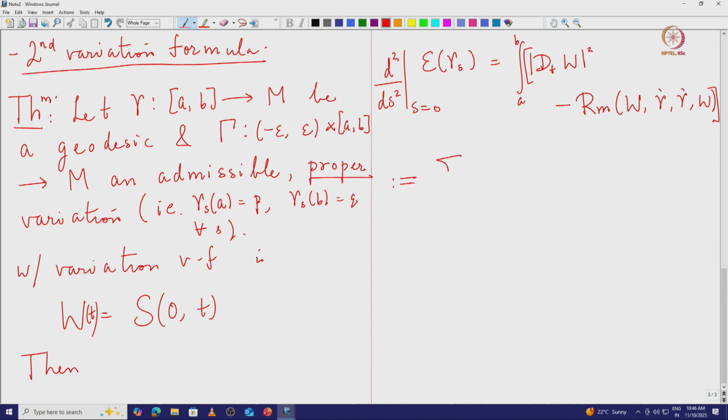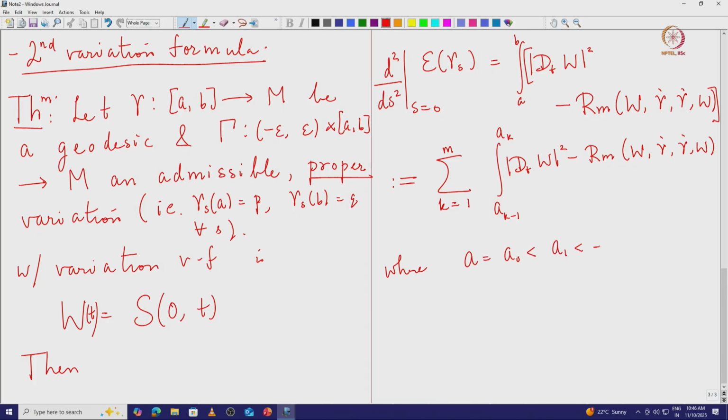So by definition what this really means is that you actually take the integrals over the smooth parts and then sum them over, where as usual we have this partition and gamma restricted to this closed interval is smooth. Okay.